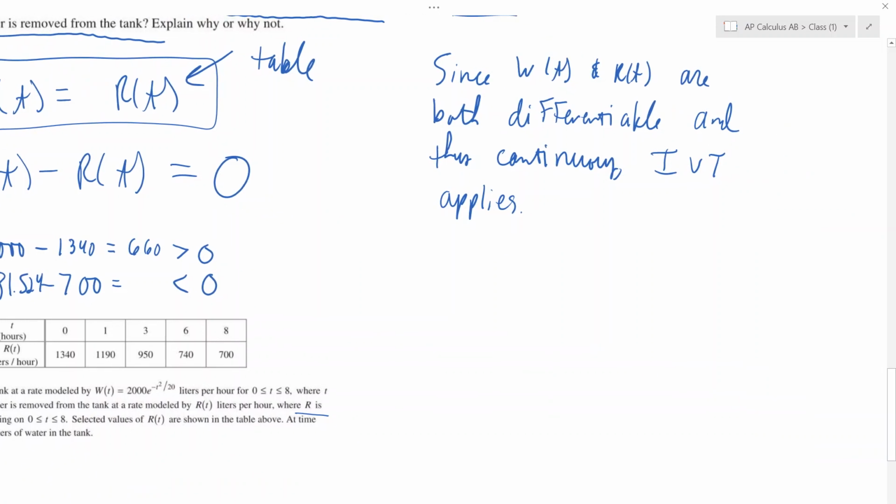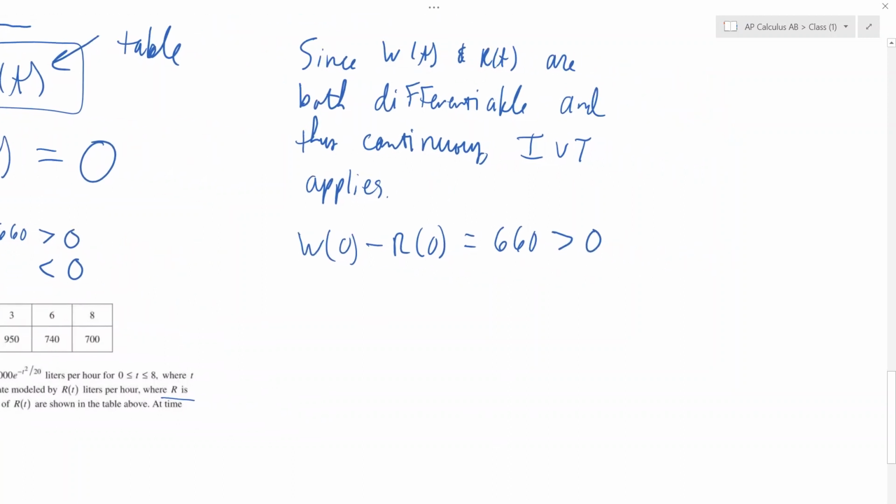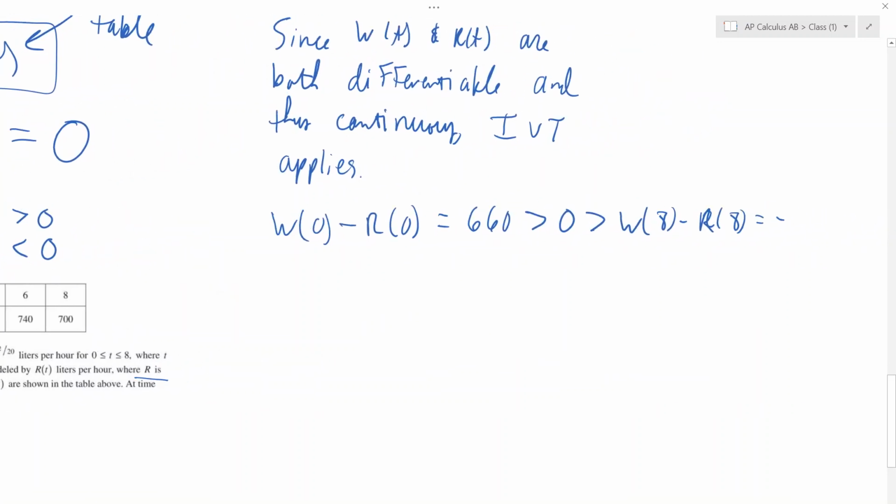So we have W of 0 minus R of 0 was 660, which is above 0, and that was above W of 8 minus R of 8, which was negative, something. I didn't even find what it was, just that it was negative.